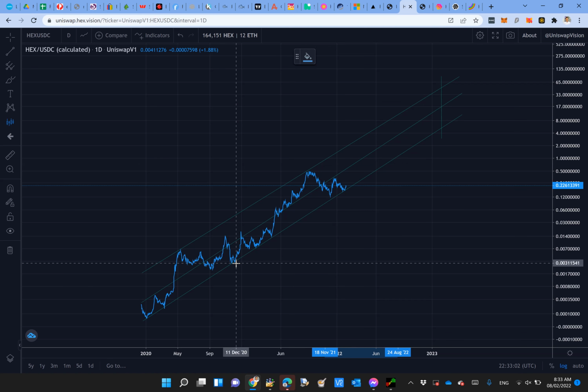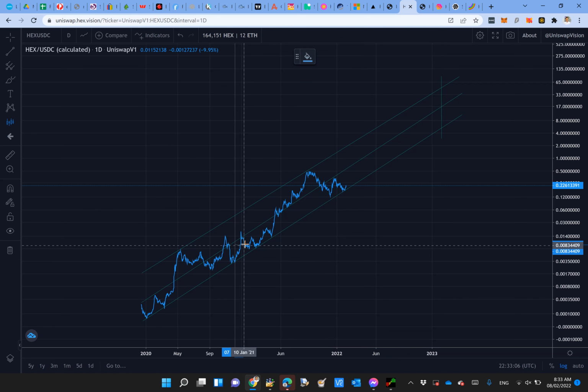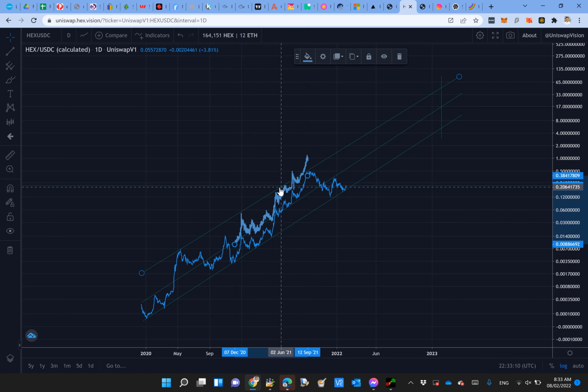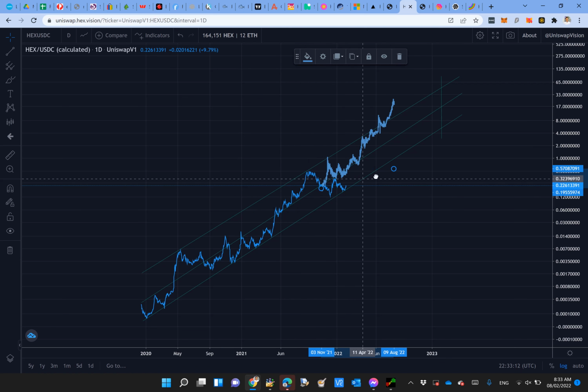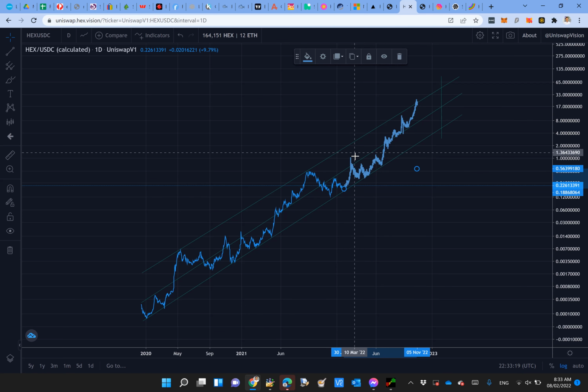Let's assume it goes to around this point. We take this from here to the very top, and now you can copy that pattern and just plonk it there. So this is potentially what we can be looking at, eventually reaching here, potentially.